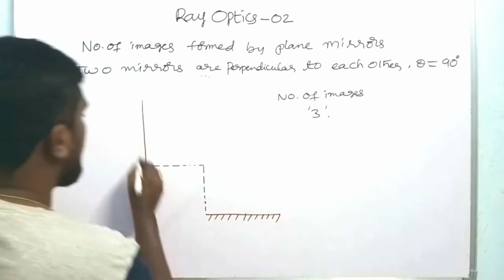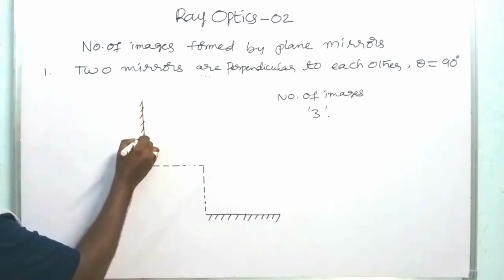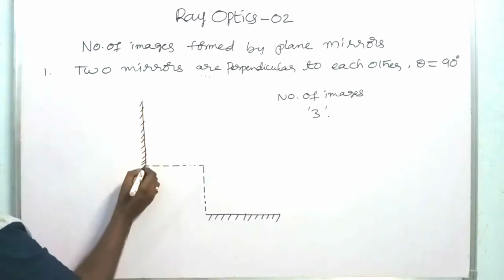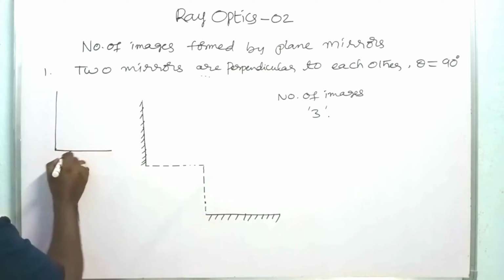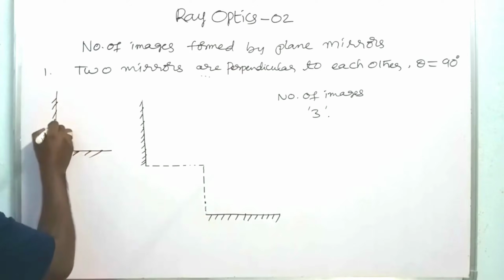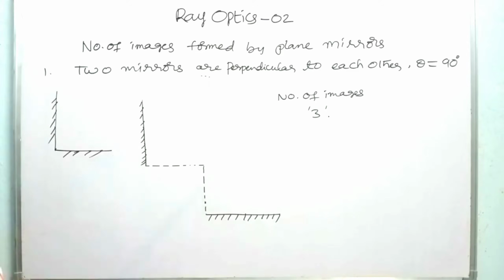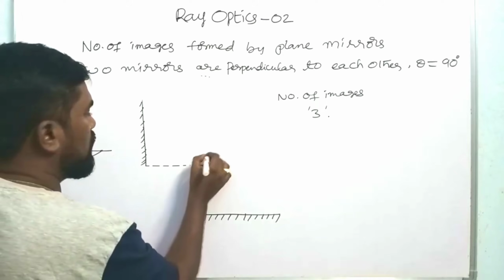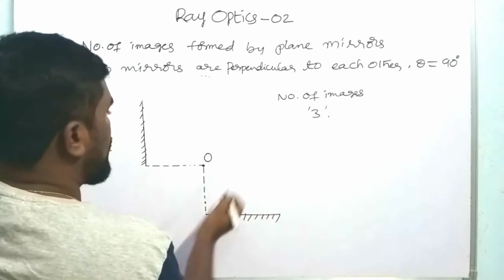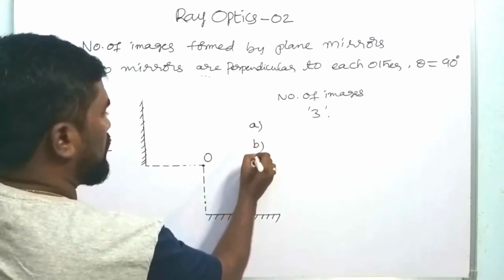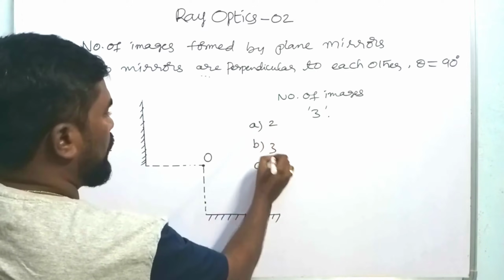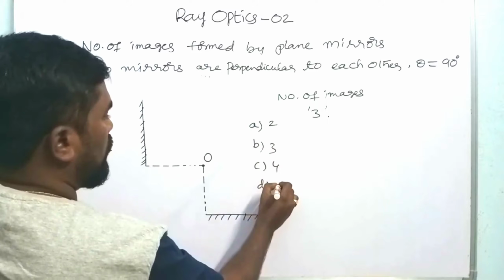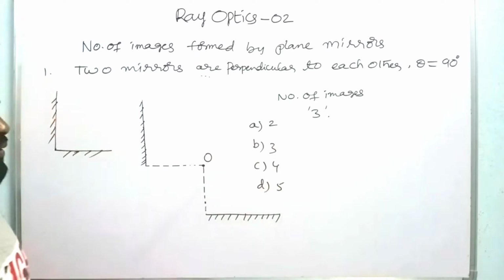These two mirrors are perpendicular to each other. So here there is an object. How many images will be formed? Number of images, find out. Is it 2, 3, 4, 5? How many images will be formed?